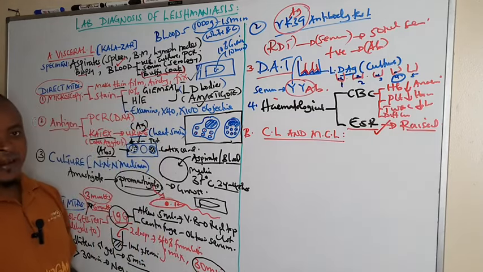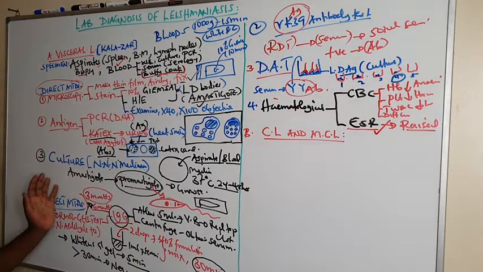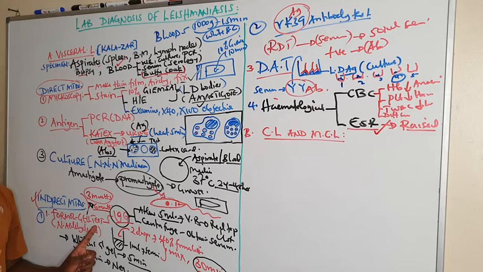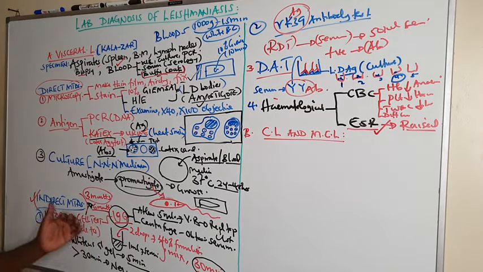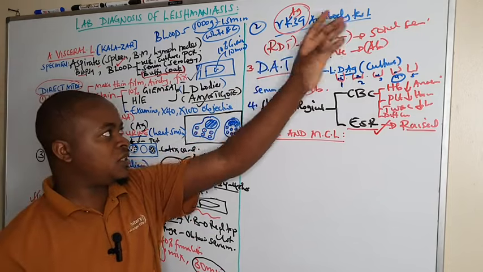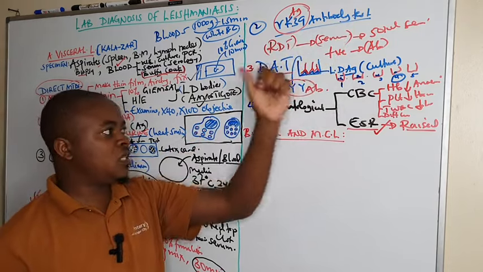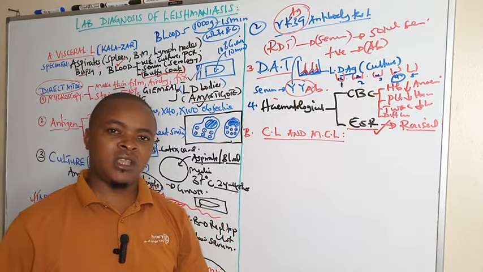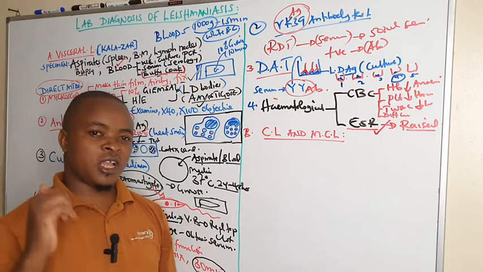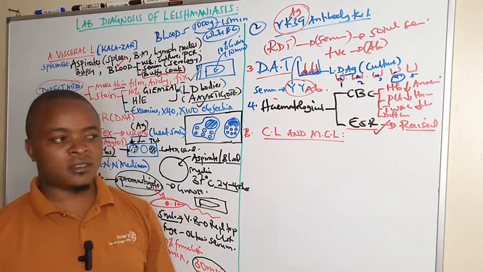So these are the indirect methods we can perform. That is the formol gel test or aldehyde test, which is non-specific. We have seen the RK39 antibody test, then direct agglutination test, and hematological tests, which are part of the indirect tests we can perform to diagnose visceral leishmaniasis.